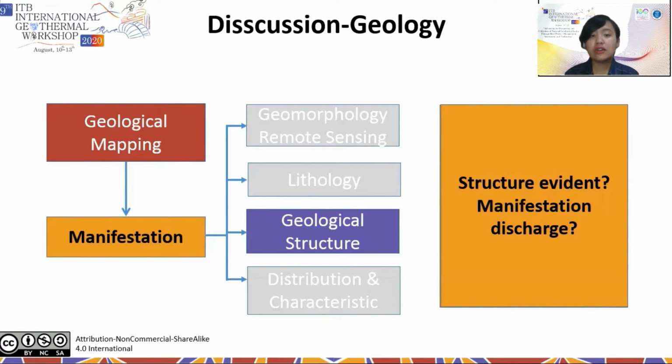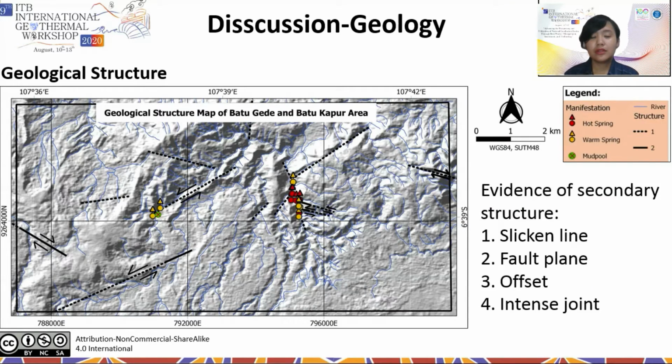Aside from lithology, fault also has an important role in controlling the occurrence of manifestation. Fault is interpreted as controlling the manifestation when evidence of fault is found in the vicinity of the research area, especially around the manifestation. Following is the geological structure map of the study area.